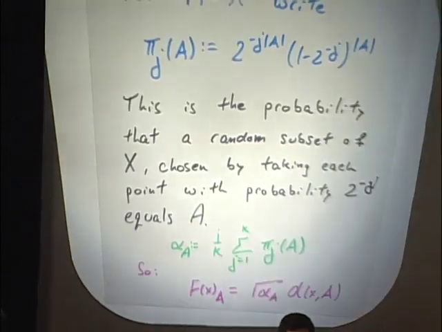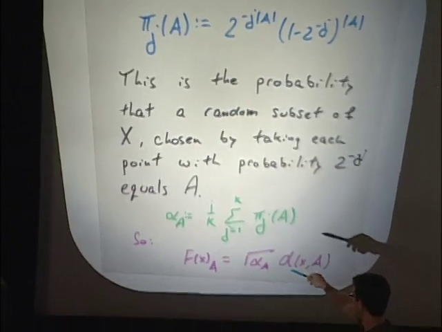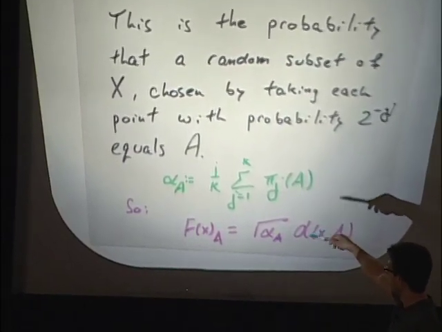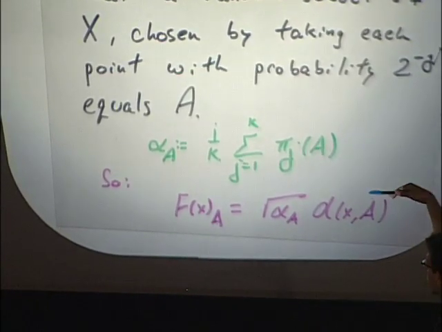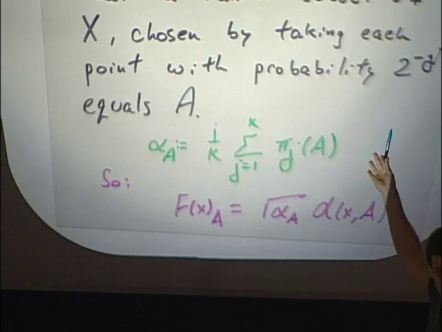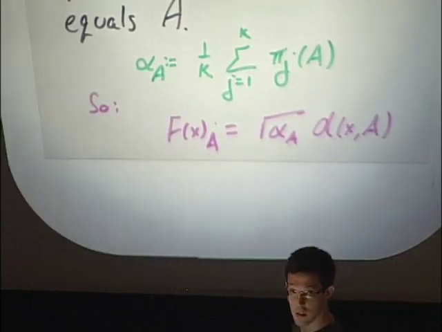Now, k, remember, was roughly log n, so alpha_A is the average such probability as this 2 to the minus j runs from 1 to roughly 1 over n. I average these probabilities, and then with this notation, here is the embedding.